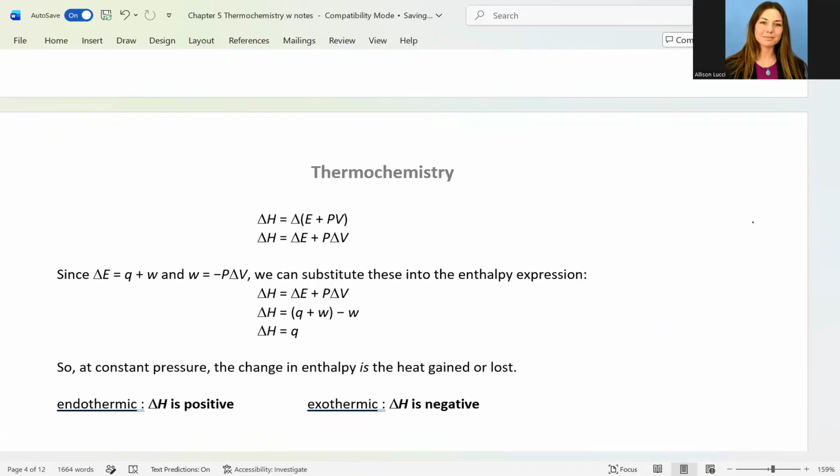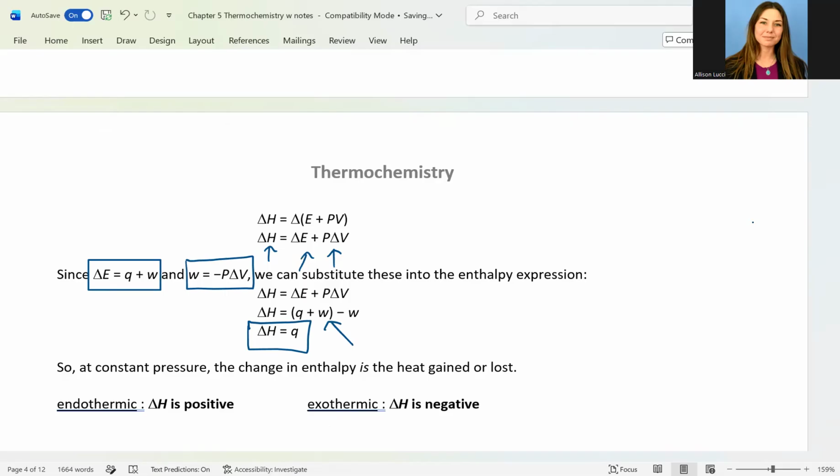So we can see here through this series of derivations that enthalpy, we know, is our change in internal energy plus the work factor pressure times delta V, so P delta V. But since we have delta E equals Q plus W that we saw in a previous lecture, and now work equals negative P delta V, we can plug in these values so we can see this relationship here, where delta H is Q plus W minus W, but at constant pressure, that will simplify down to this here.